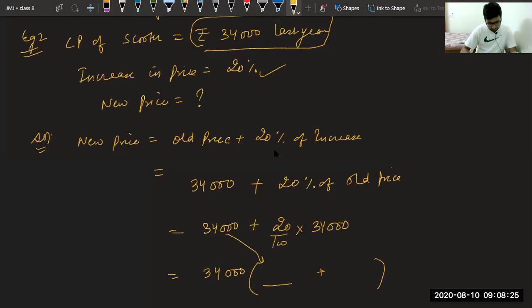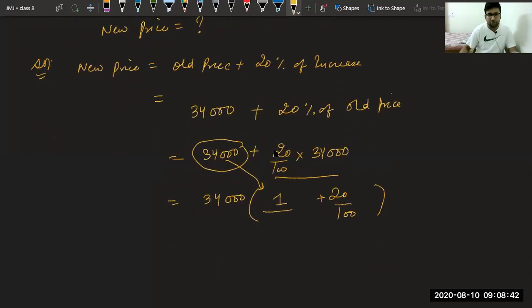If I take 34,000 common, in the place of this number we will get 1, and in the place of this number we will get 20 upon 100. Okay, now we can solve it very easily.